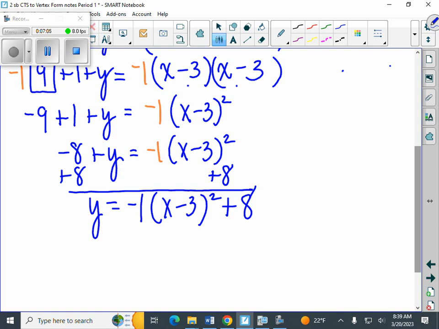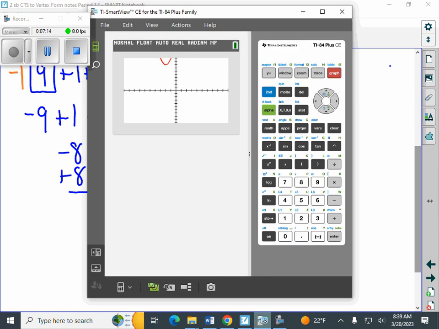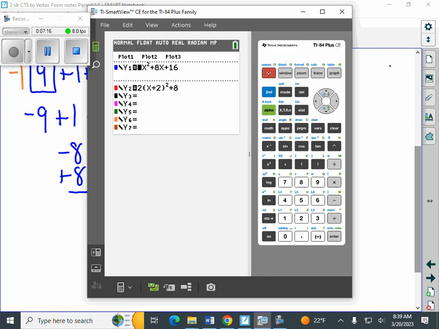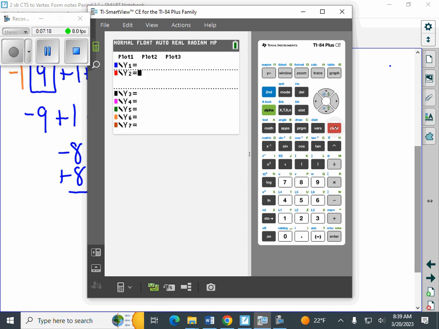And let's type it into our calculator and check our work. So if we pull up our calculator, I'm going to go to y equals. If you've got stuff in there, clear it out. And let's type in the original equation, which is negative x squared plus 6x minus 1.